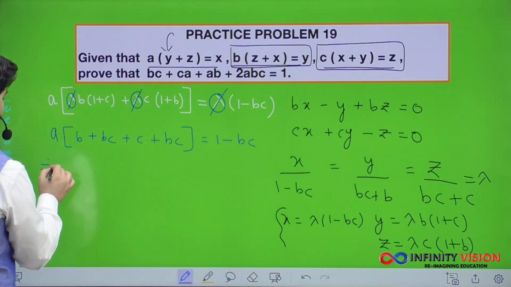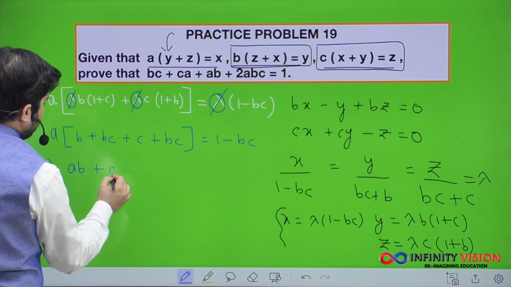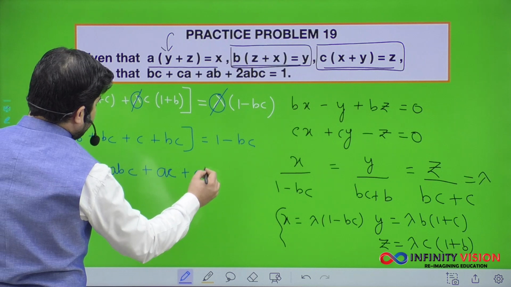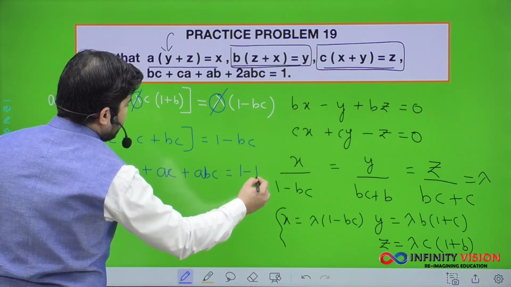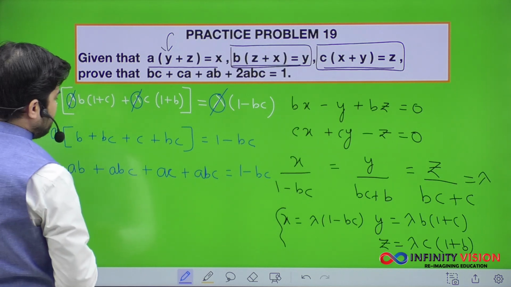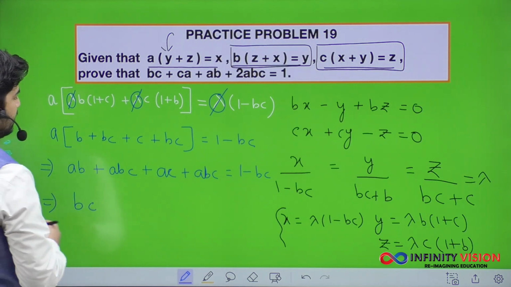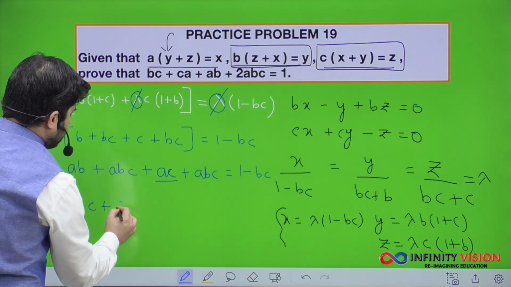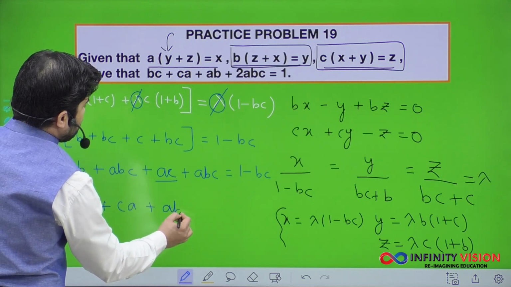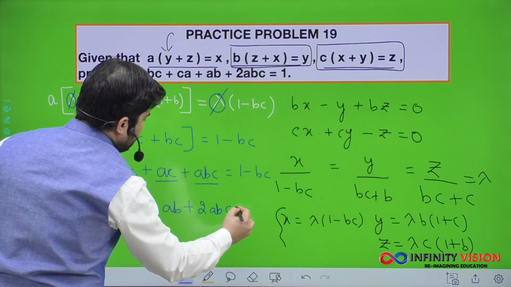In the same way, if I put a inside the bracket, it would become ab plus abc plus ac plus abc equals 1 minus bc. So if I bring minus bc here, it would become bc, ac would become plus ca, then ab, then twice of abc equals to 1.